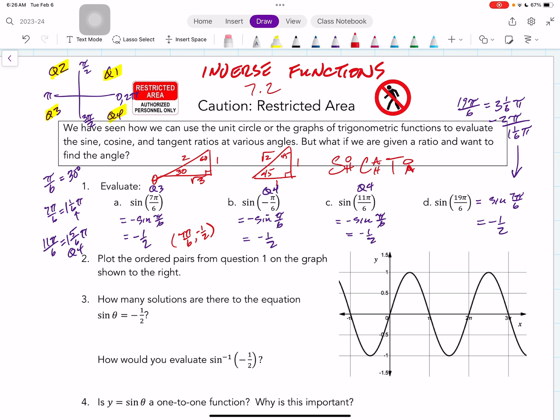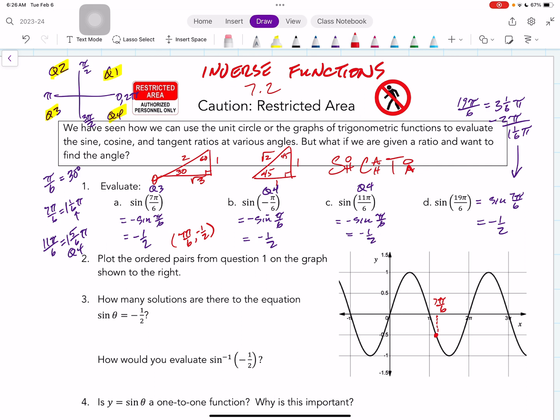So 7π/6 is obviously a little bit more than π, so it's got to be to the right, and down 1/2 because it's negative.